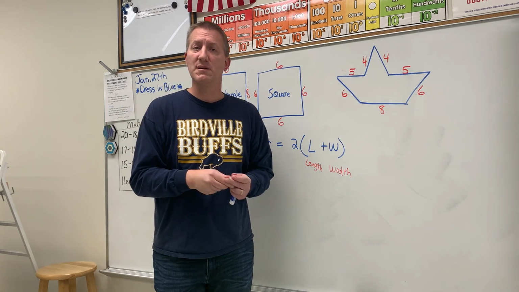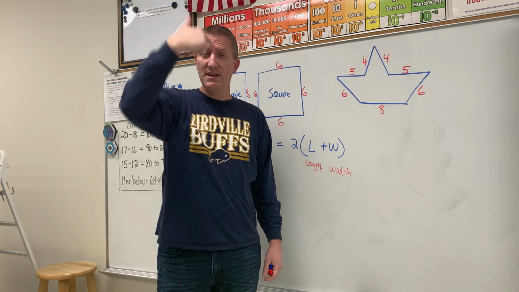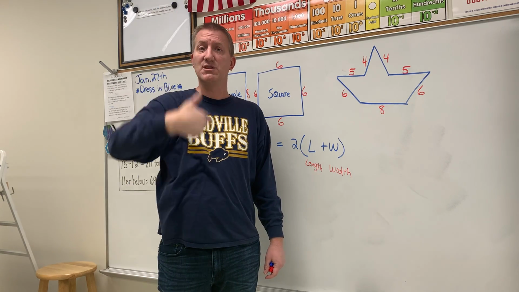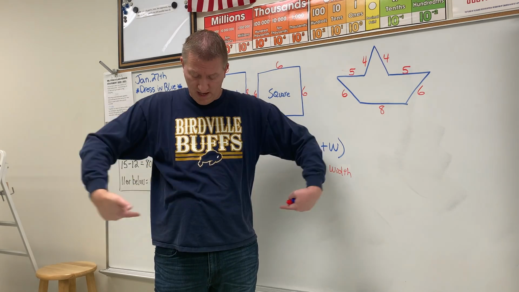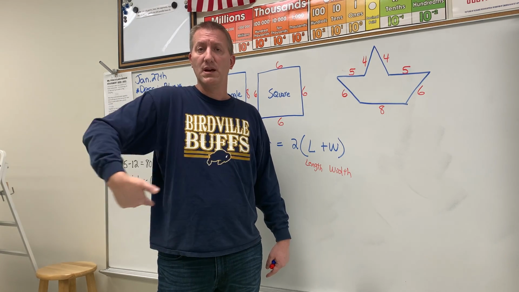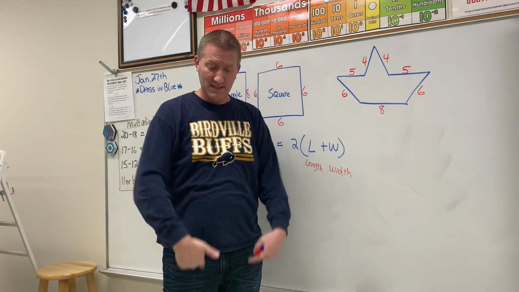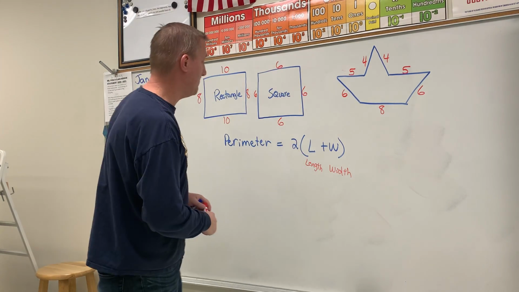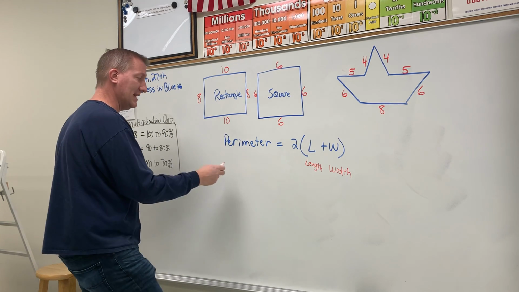If I was talking about me, my length would be this way. This is how tall I am. My width would be around this way, so how wide I am. So for the rectangle, the length would be 10.